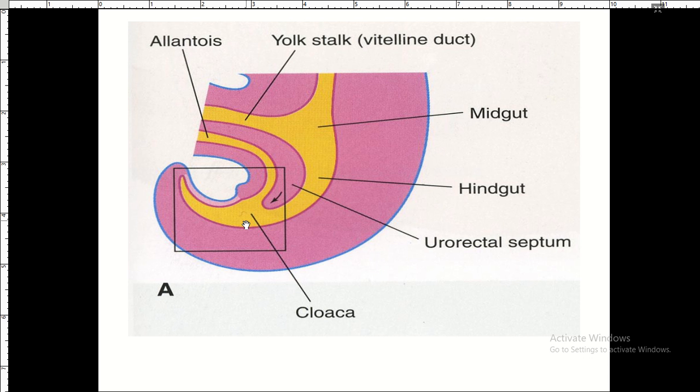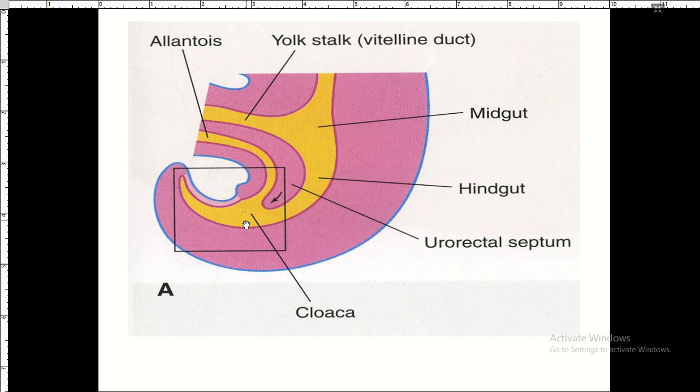Just like what happens in chickens, initially you do not see a separate, compartmentalized urinary system, reproductive system, and excretory system.